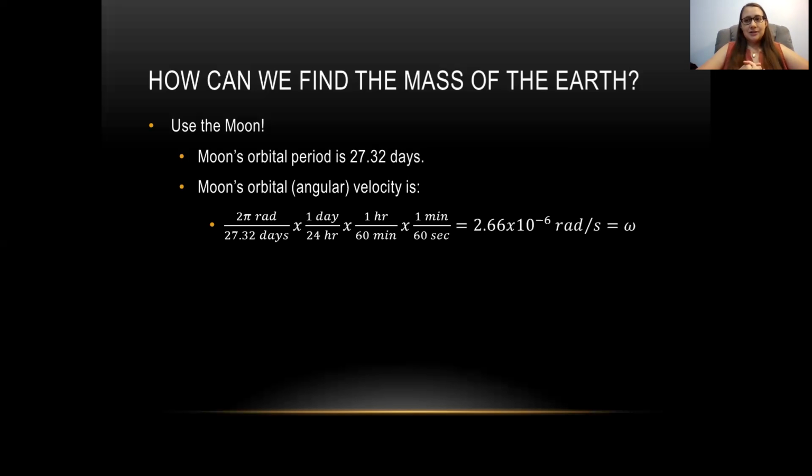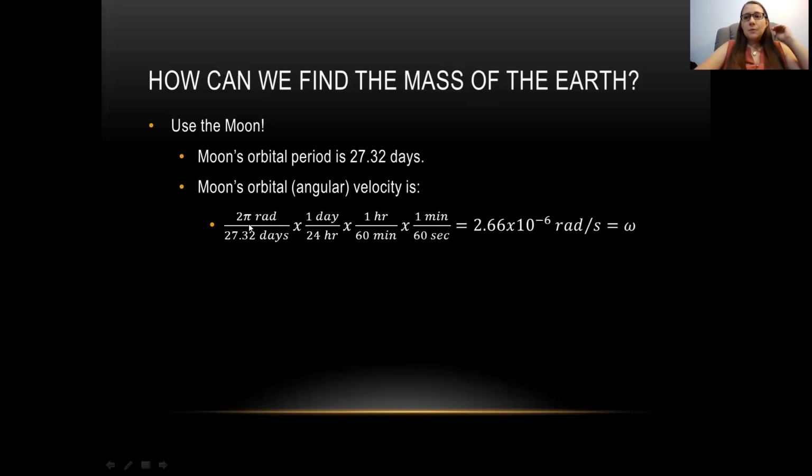We need to convert that to seconds, for example. Going way back to chapter 1, units and unit conversions, we would set them up as fractions so that the units on the bottom would cancel out units on the top. By setting up this series of ratios, we can get the units that we want.